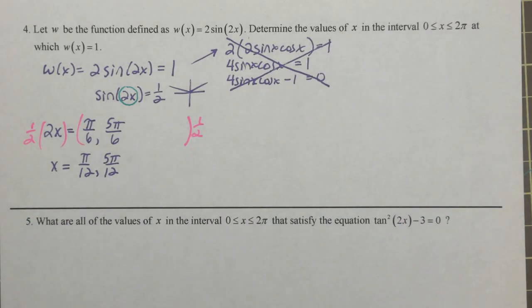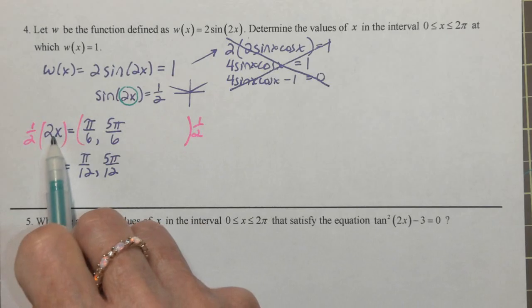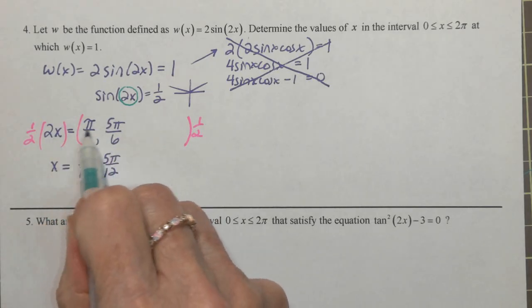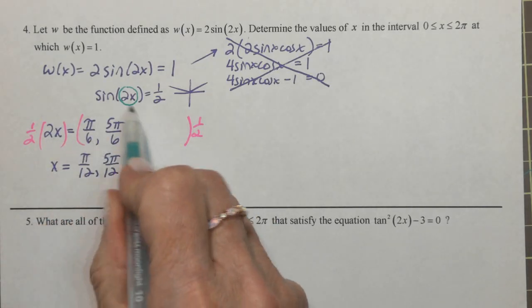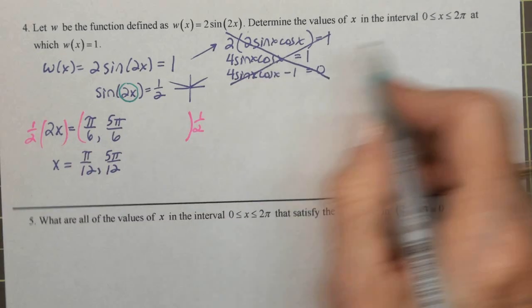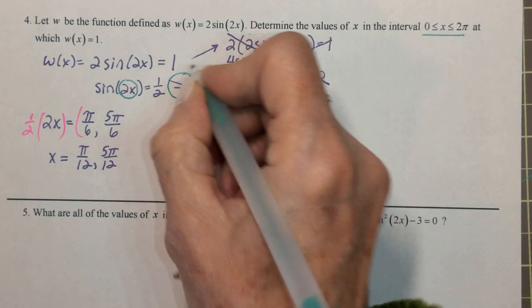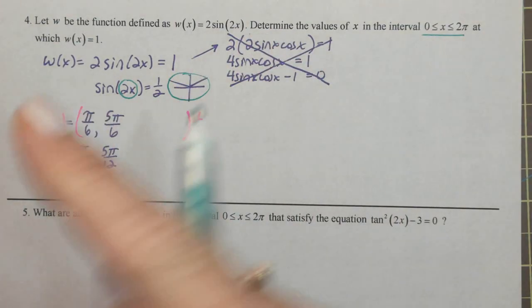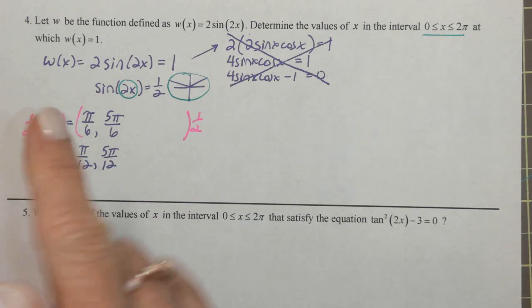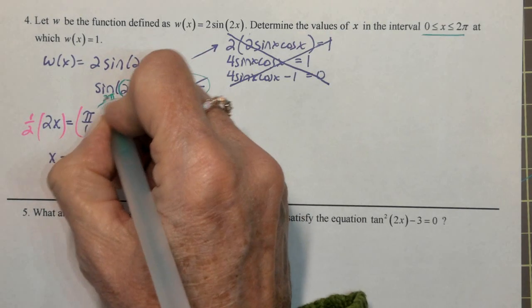So here's the thing. When you have a 2x instead of a plain x, you need to double the number of answers that you originally get between 0 and 2 pi. Double the number of answers by adding 2 pi to each of those.